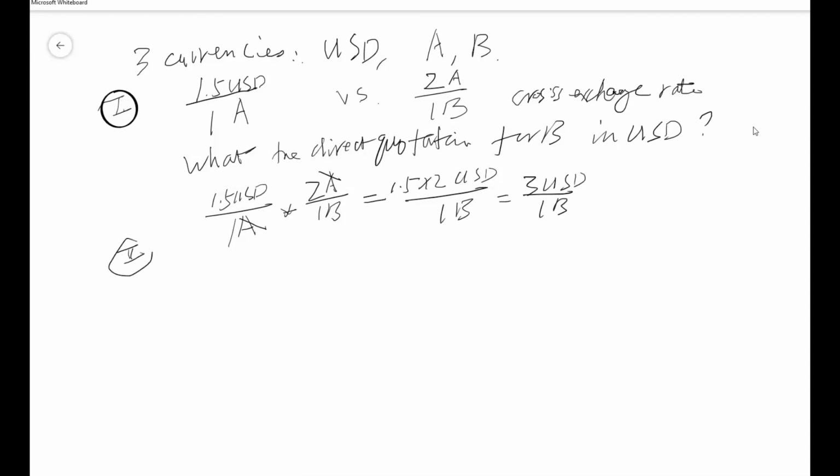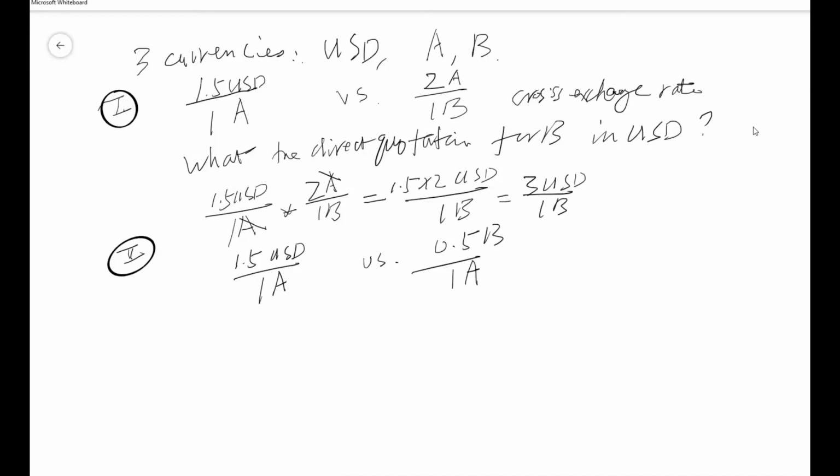Let's look at case number 2. Same thing as before, 1.5 USD for 1 unit of A. Now suppose we have 0.5B for 1A.